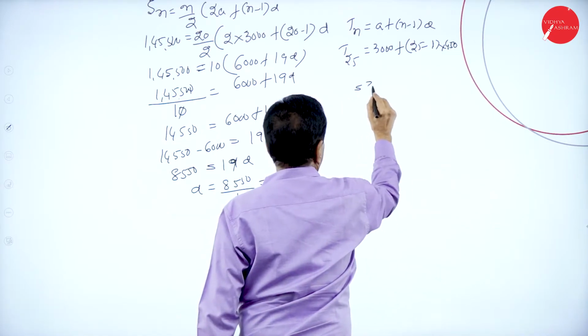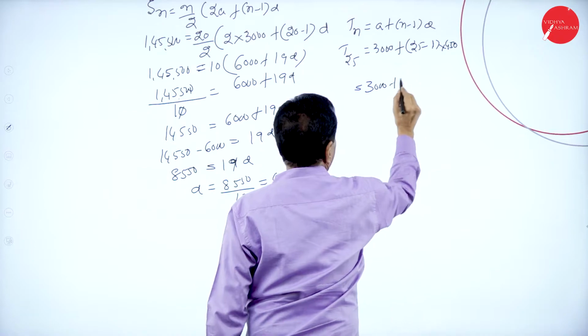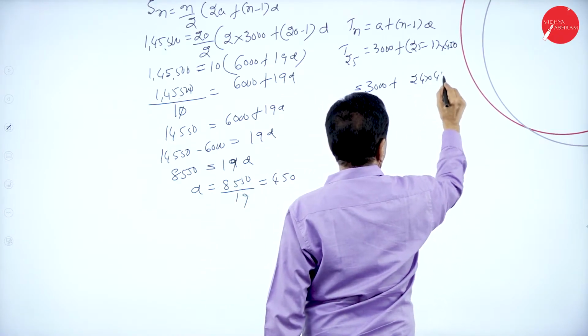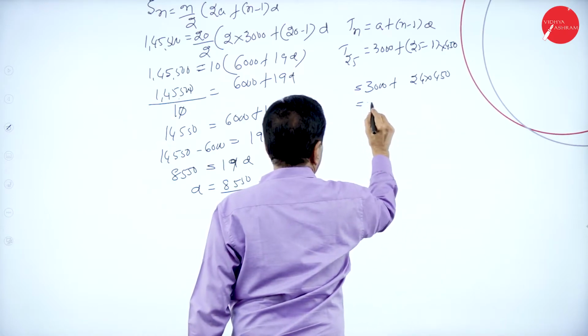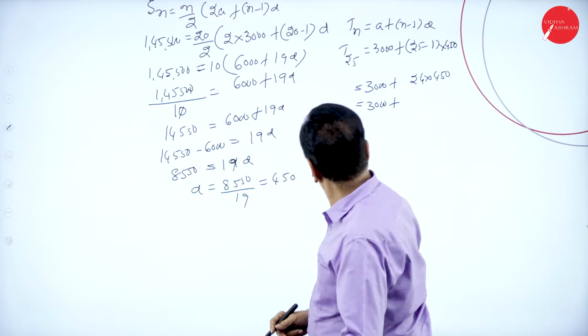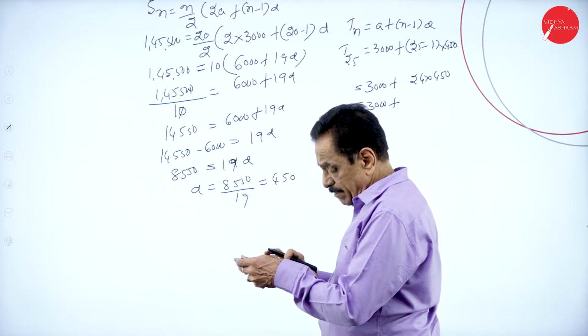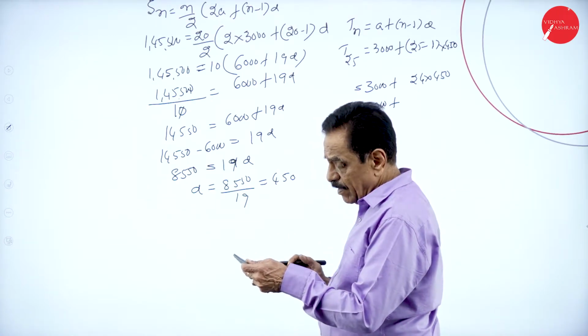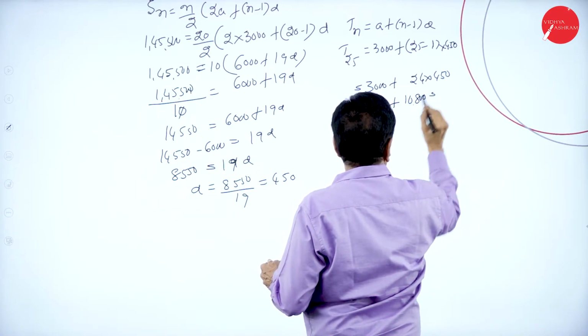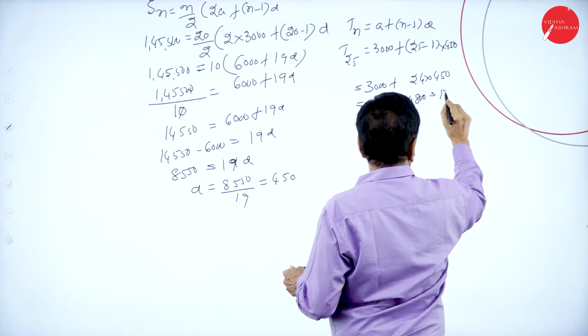This is 3000 plus 24 into 450. This is 3000, 24 into 450 is 10,800. Add, 13,800.